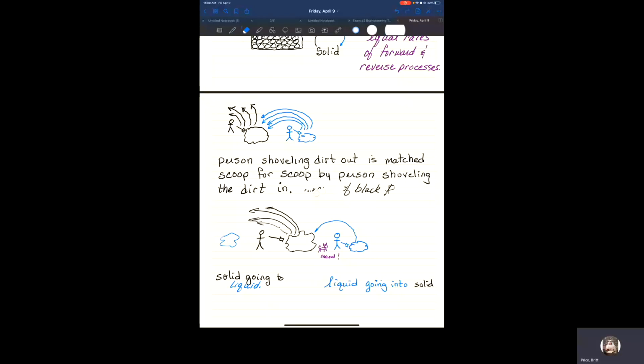So the size of the black pile and the size of the blue pile might not be in the same spot, but the total amount of blue remains constant. This is where this idea of digging doesn't work.